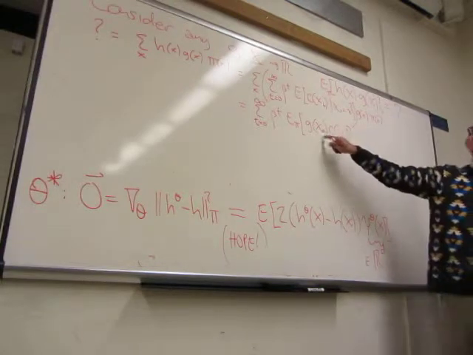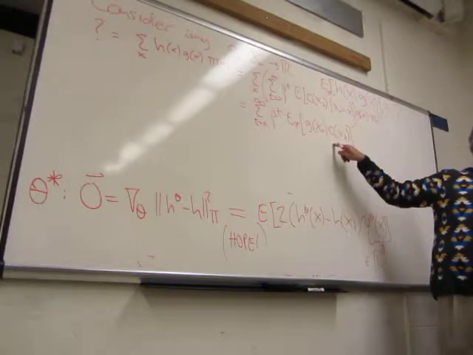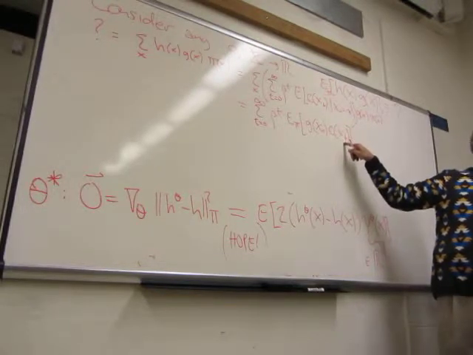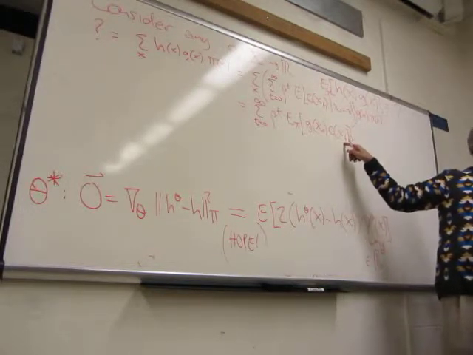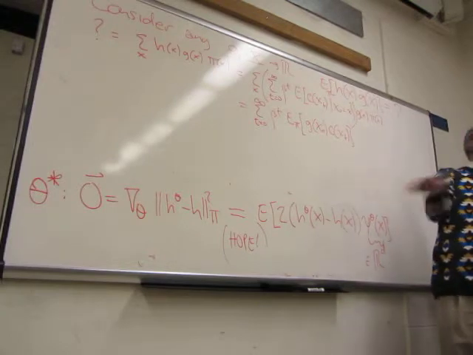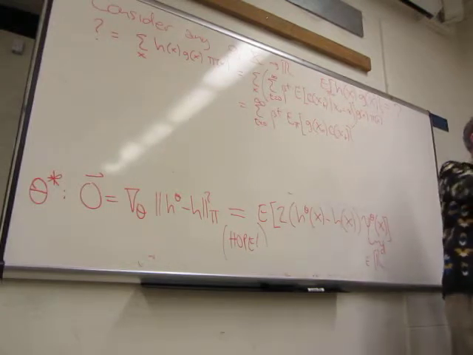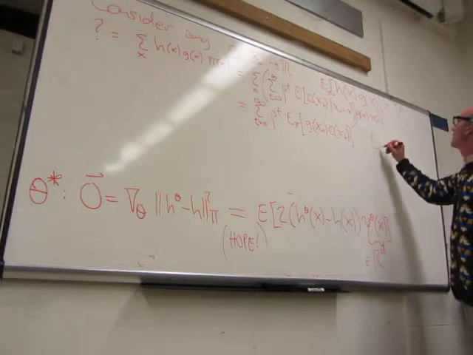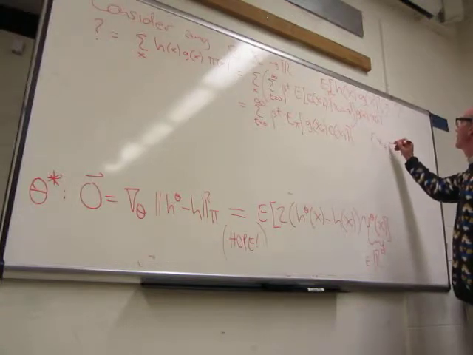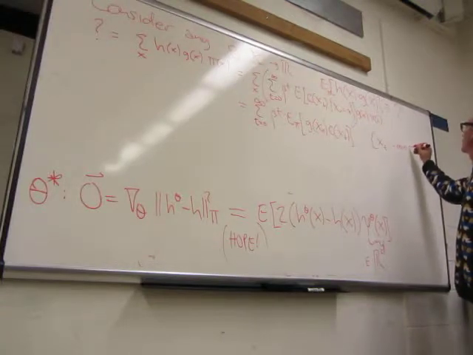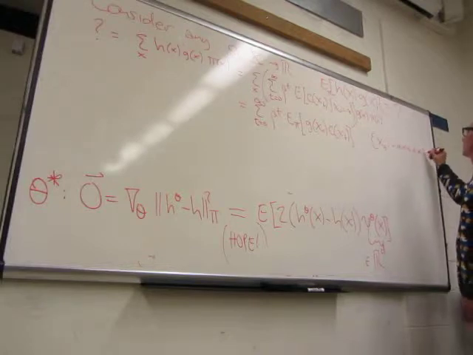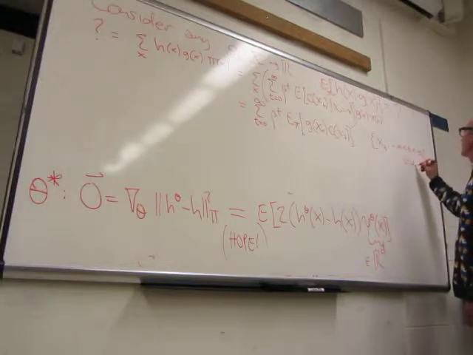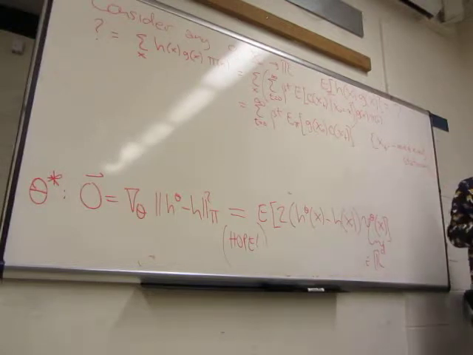And so now what I want to do is use stationarity. This is why stationarity of xt is critical. So let's assume that x, the stationary process, is defined for all time, negative and infinite. And if you don't know what stationary means, don't worry about it.